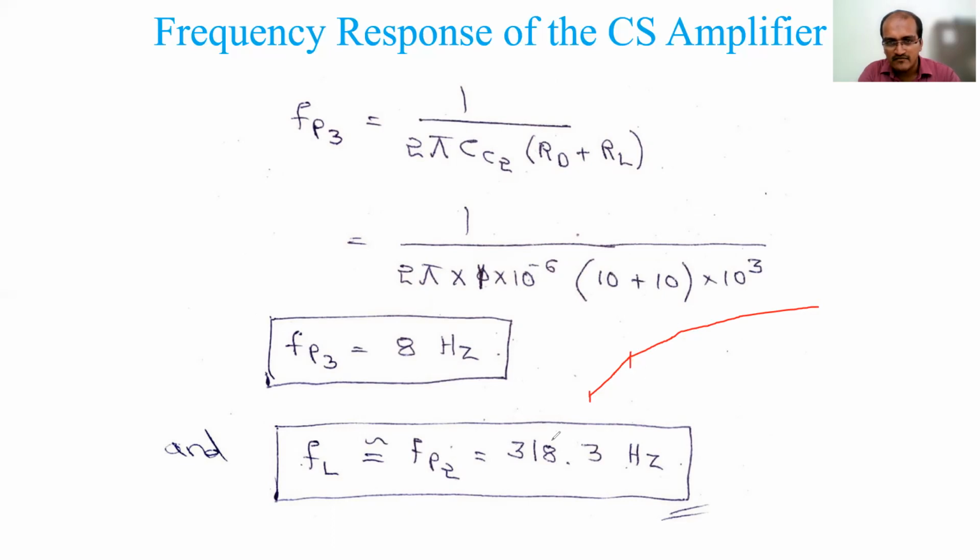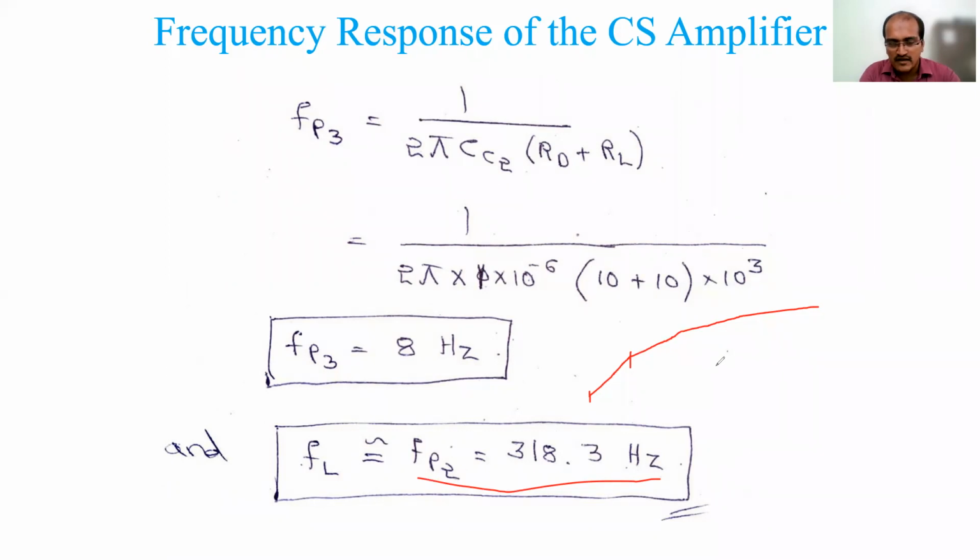After that fL will come, which is 318. So fL is equal to fE2, 318.3, and this is the dominant one compared to these two. To show you practically with the calculation, this example was taken. Why do we consider fL equal to fE2? Because of the dominant factor there, gm and CS. So this is about the problems on frequency response.